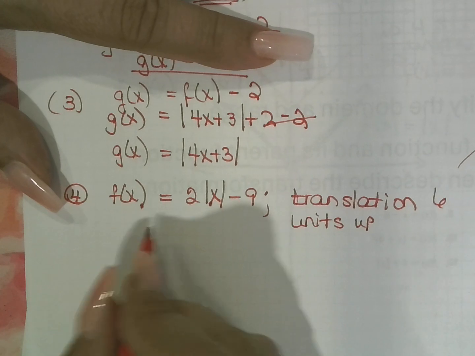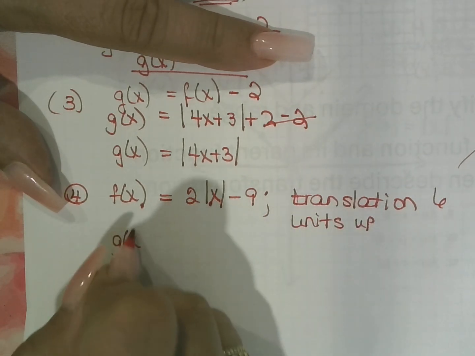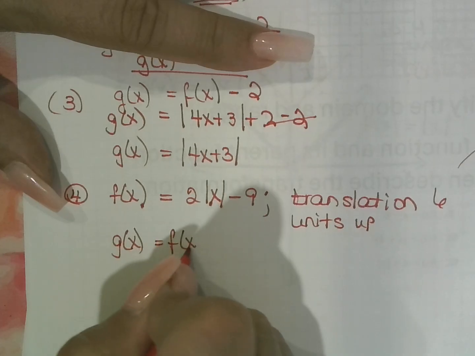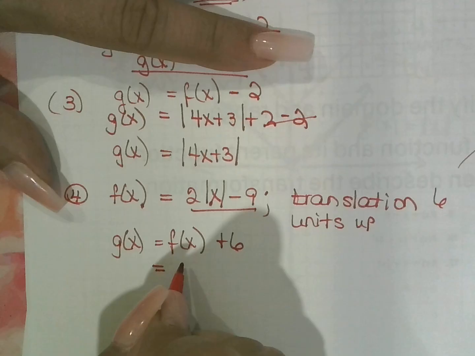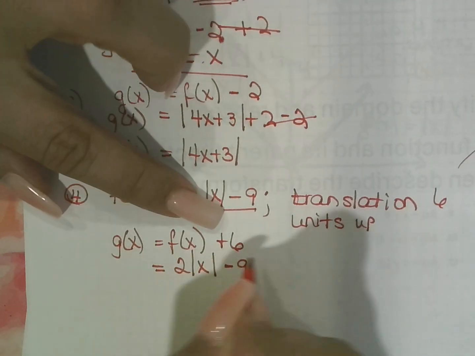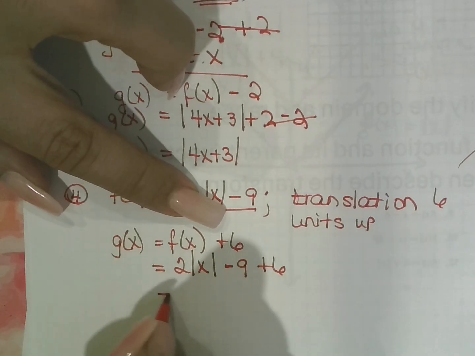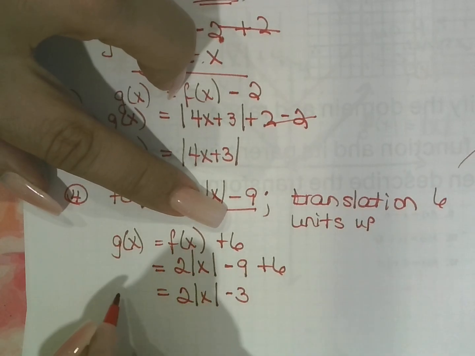Okay, so up and down occur outside the function. So g of x equals f of x plus 6. F of x is this guy, 2 times absolute value of x minus 9. And then we add the 6. 2 times absolute value of x minus 3. That's your g of x.